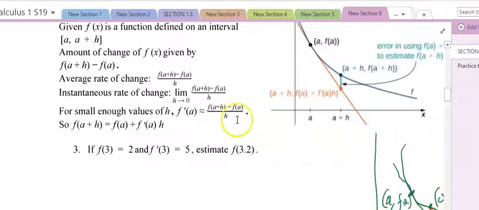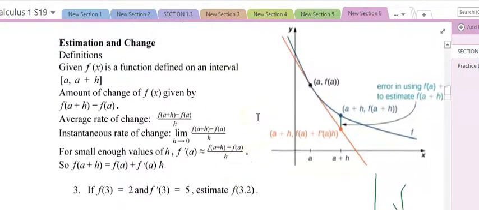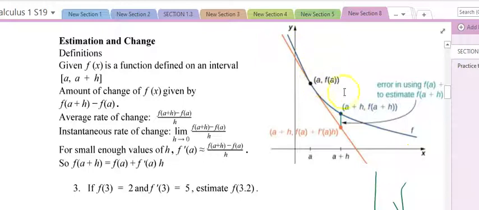Now, graphically, what that will look like is if we're on this blue curve f, and we took the tangent line at a, f of a, we're using that tangent line to estimate the y value of what it would be at a plus h on the curve.